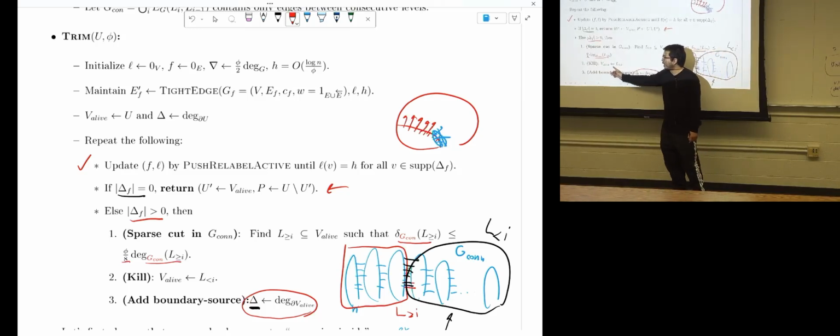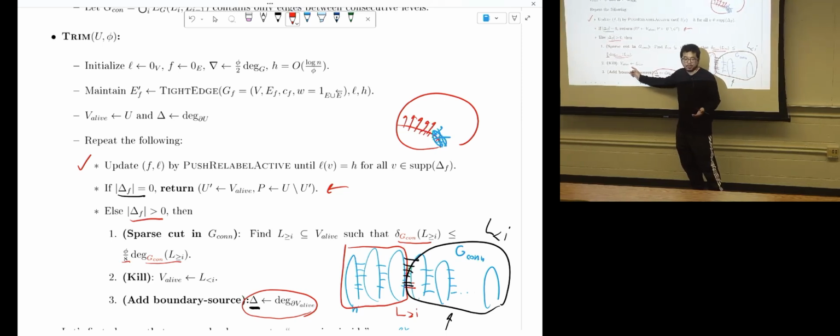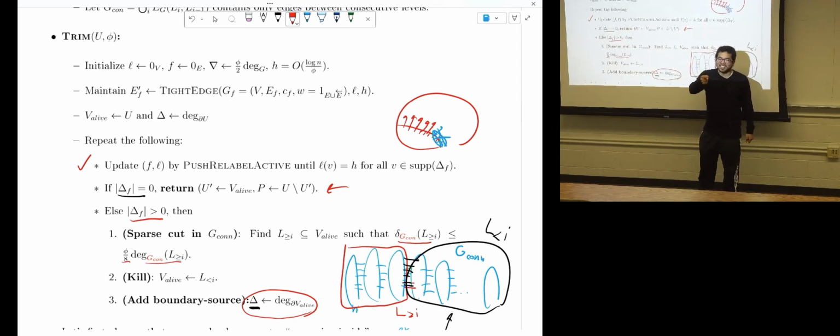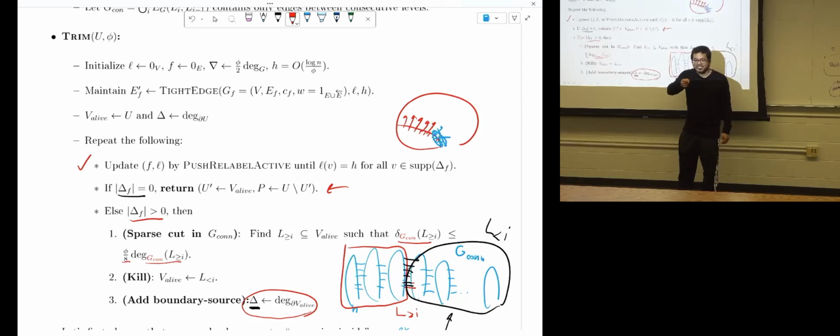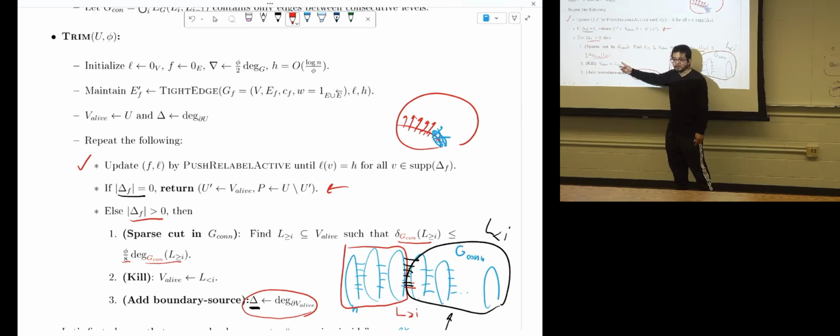Will it remain a pre-flow? Yes, because it used to be the case that for every node, the net flow out of you doesn't exceed the source. Now you just restrict yourself to a smaller set. So this is safe.